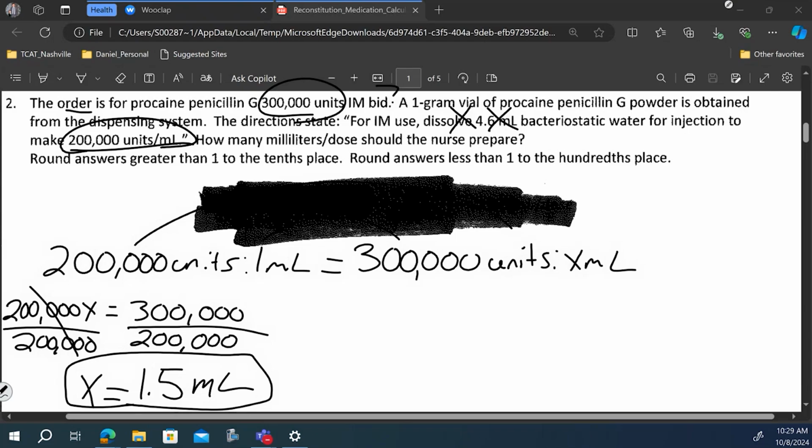You don't have anything to pick here, though. They only gave us one diluting option. You just don't have multiple diluting options in this problem. You're only reading the label and it tells you one option, so you're not going to make something up.